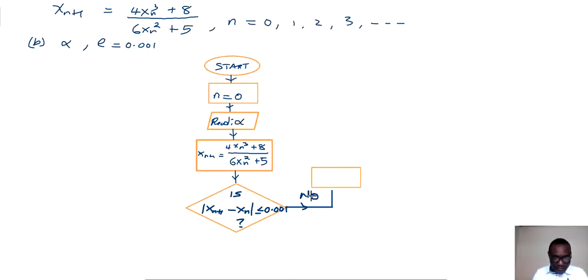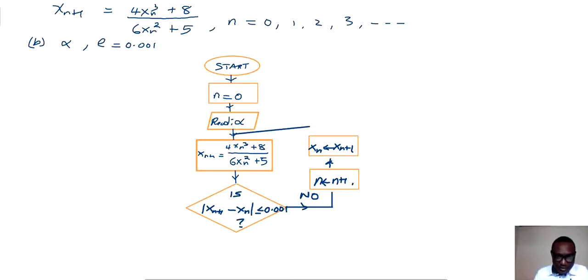So n will become n+1, and consequently the values of x will go to another value. So we shall have xn becoming xn+1, and then we shall join the flowchart at this point here.